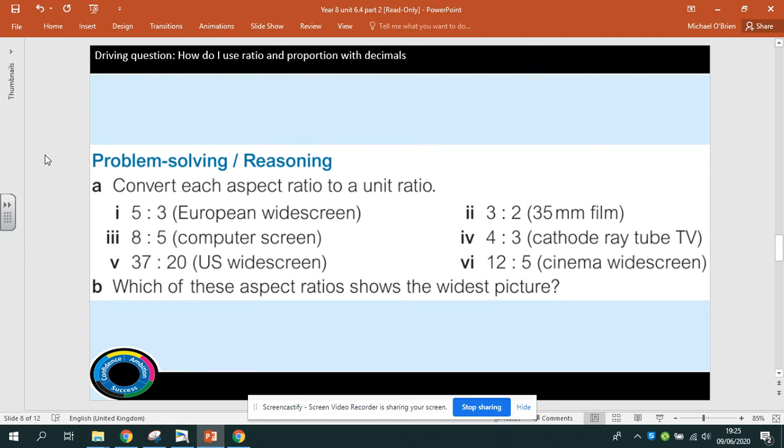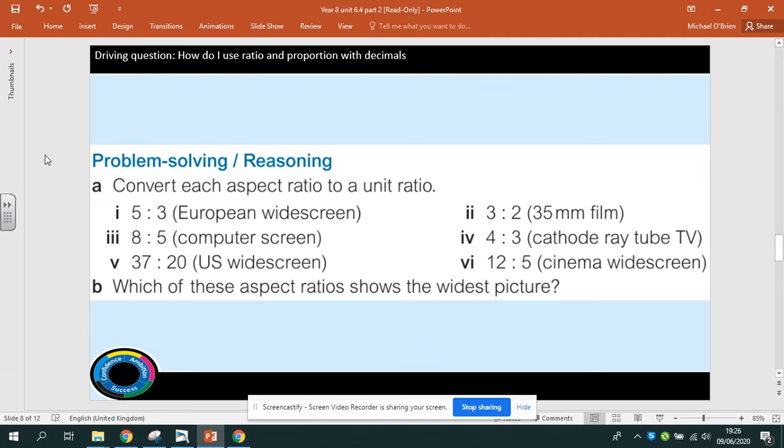So, we're looking back to screens again. Convert each aspect ratio to a unit ratio. So all we're doing here is finding the unit ratio for each of those numbers. And then tell me which of these aspect ratios shows the widest picture.